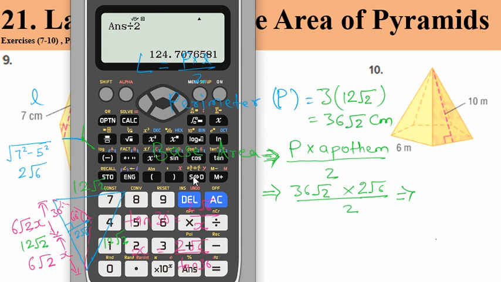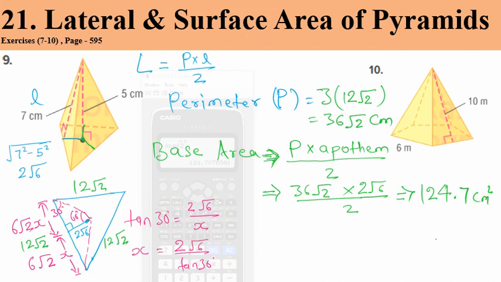So let me write here 124.7 centimeter squared, right? Okay, so this is your base area and perimeter. That is how you will find them. That's it. If you find the base area and perimeter, after that lateral area and surface area is very easy.